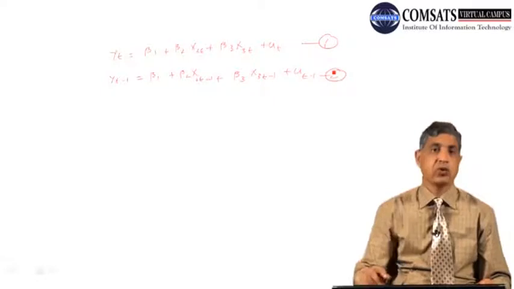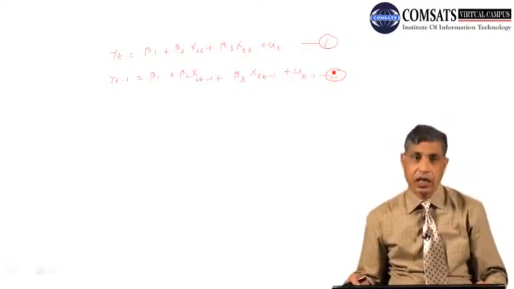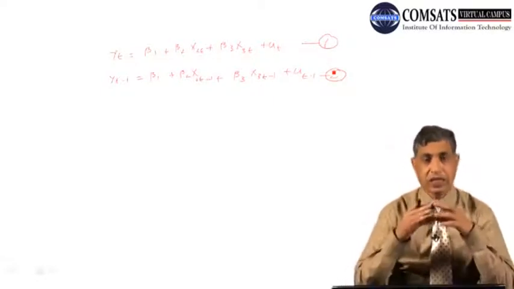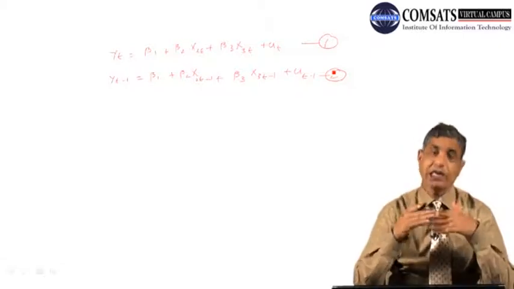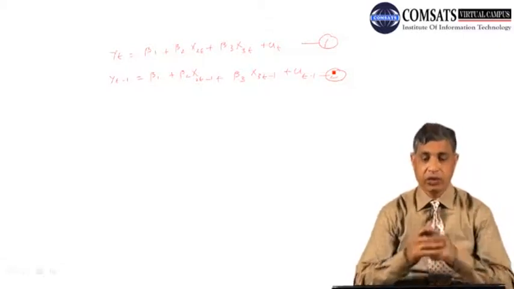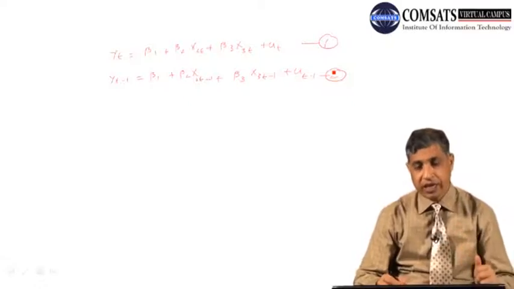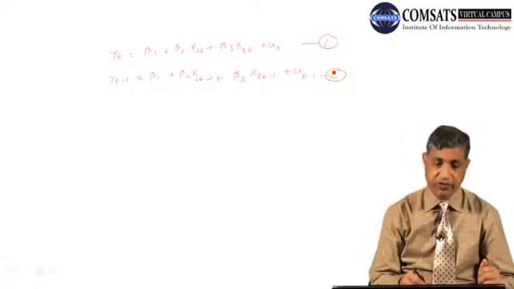This is now the second equation. I have done nothing, but instead of the current value, I am taking the previous value. So now I subtract the second equation from the first.